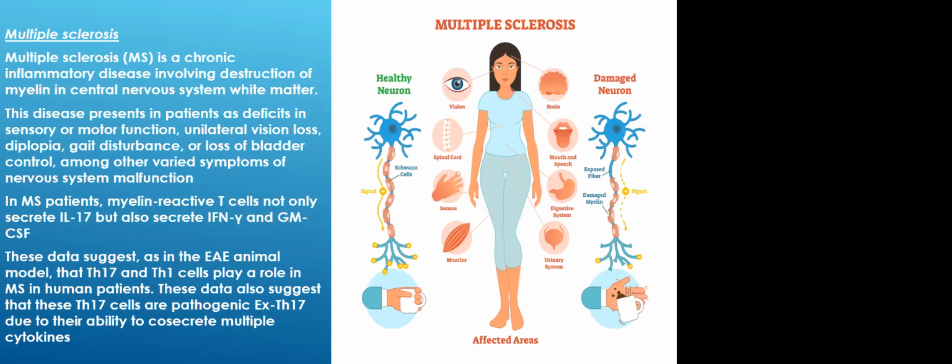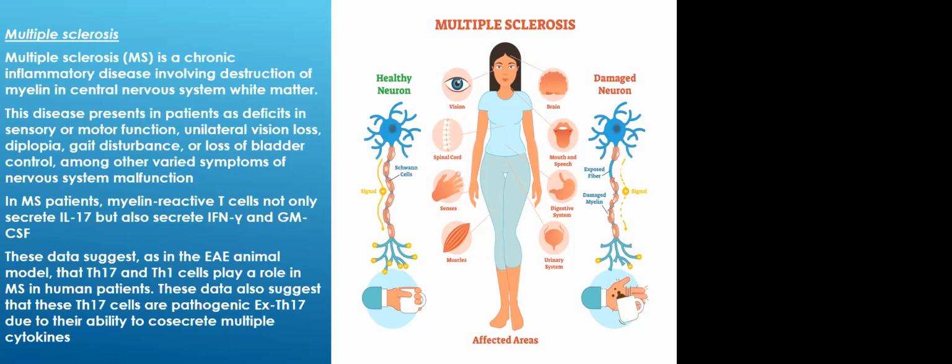Th17 eventually can evolve and become Th1 when they start fighting each other, and they become ex-Th17, which is worse because they cannot be controlled by Tregs, right? And not just that, if the inflammation is too severe, then the Treg will give up fighting Th17 and become Th17. Those police, those Tregs, they become and they cause destruction. So this data suggests these Th17 cells are pathogenic, especially the ex-Th17, due to their ability to co-secrete multiple cytokines.